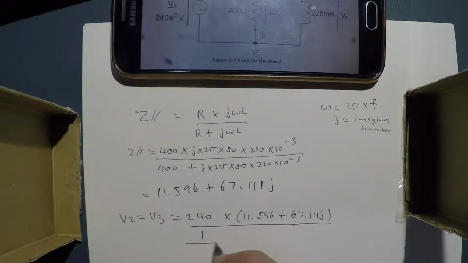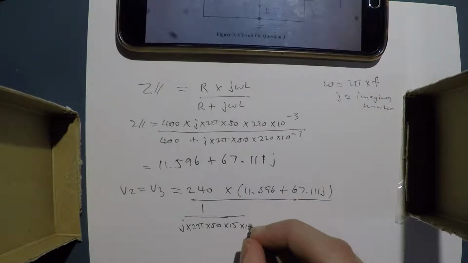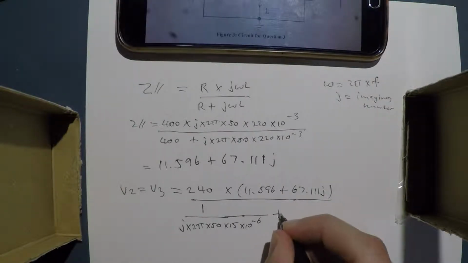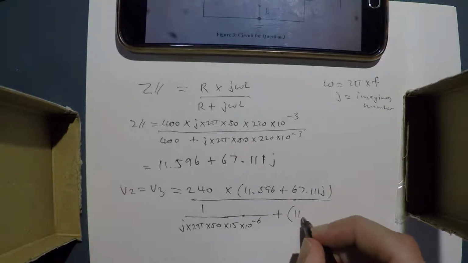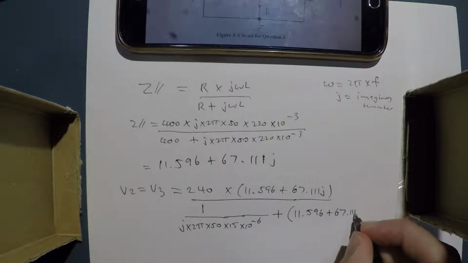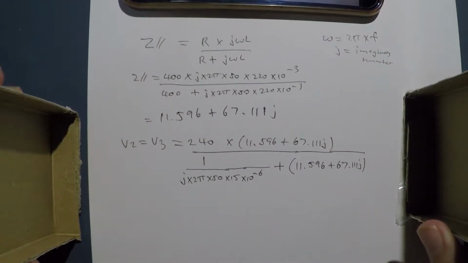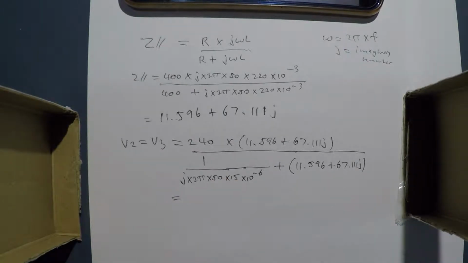The impedance of a capacitor is 1 over J omega C, with C being 15 by 10 to the negative 6, and that's plus this. Now this is going to get very messy in the calculator, so we can take it in steps.